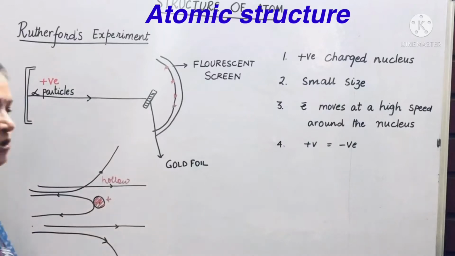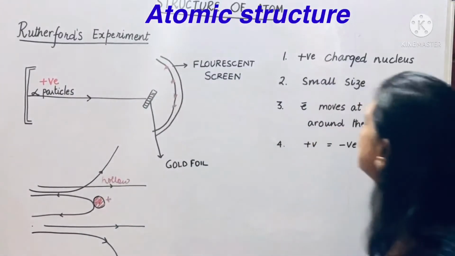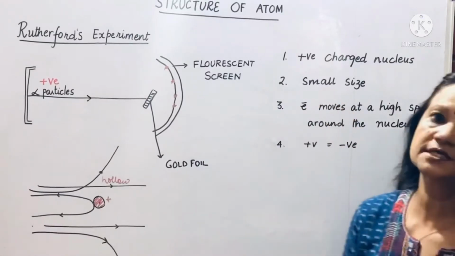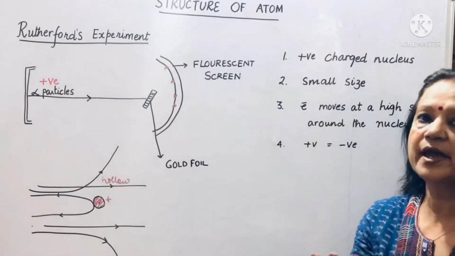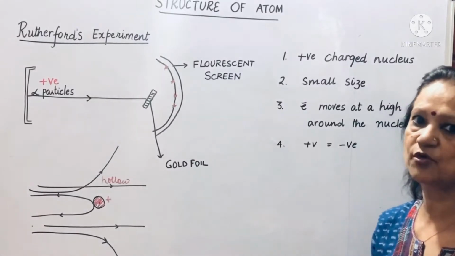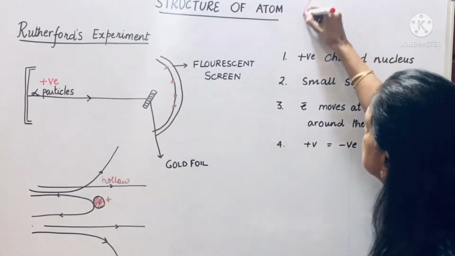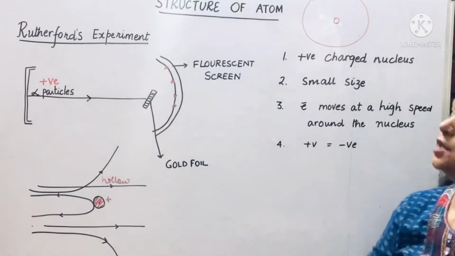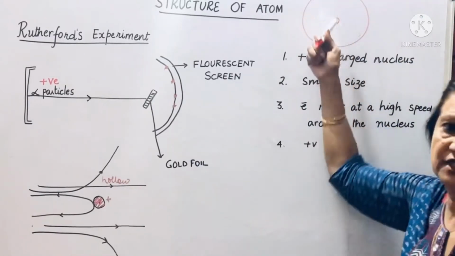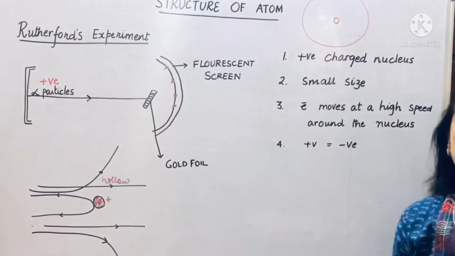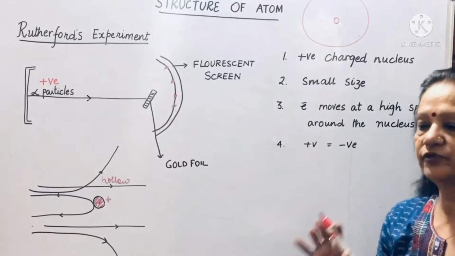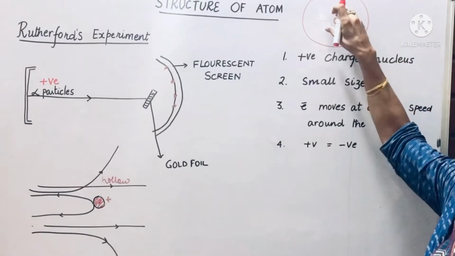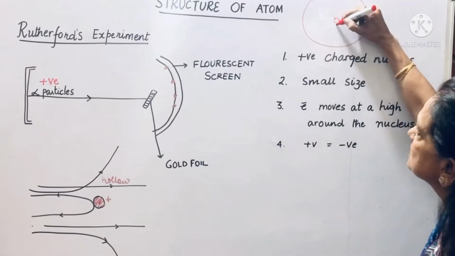The final conclusion was that there is a positively charged nucleus, and the size of the nucleus is very small compared to the entire size of the atom. If the atom is this big, then the nucleus is this small. All the mass of the atom is concentrated here.